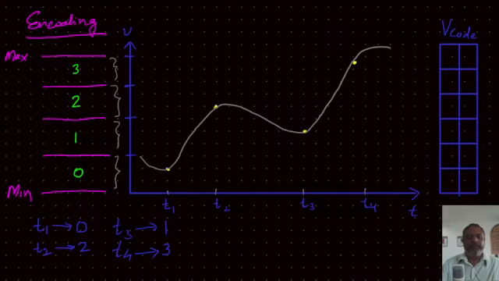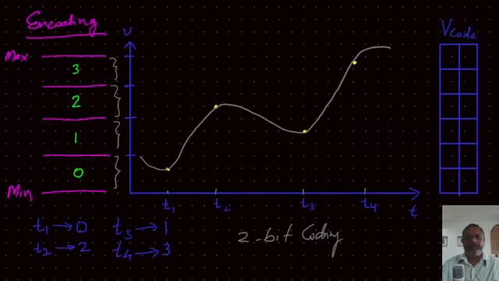Therefore for encoding 4 different values, we need a 2-bit coding. So we have a 2-bit coding.